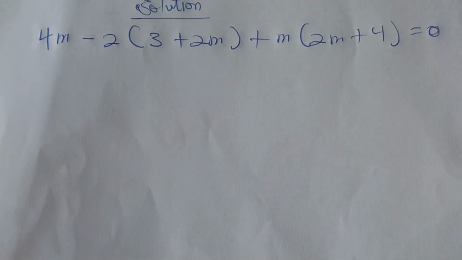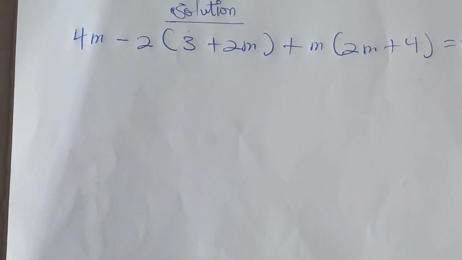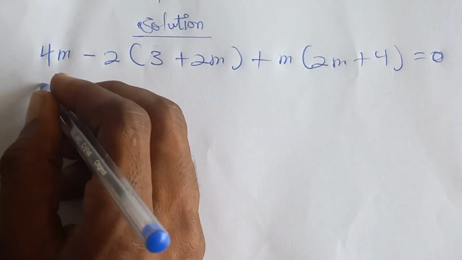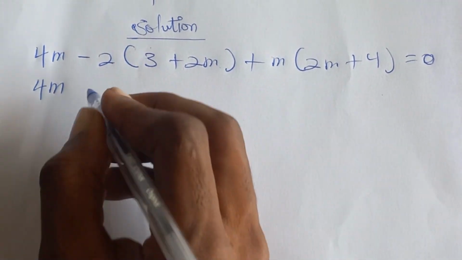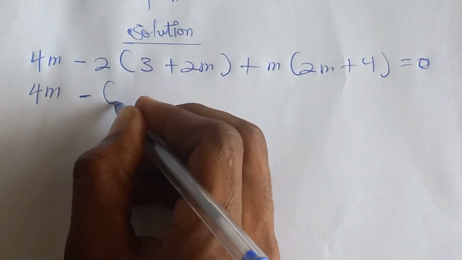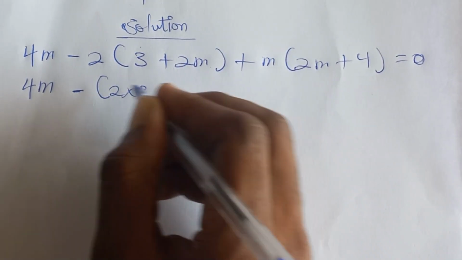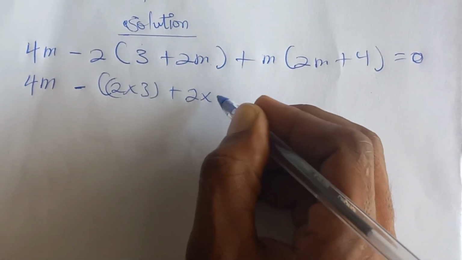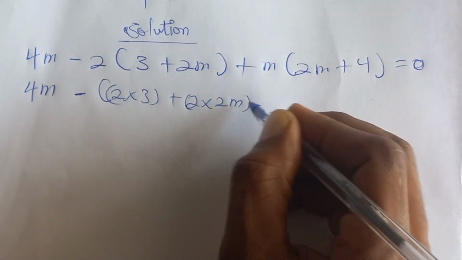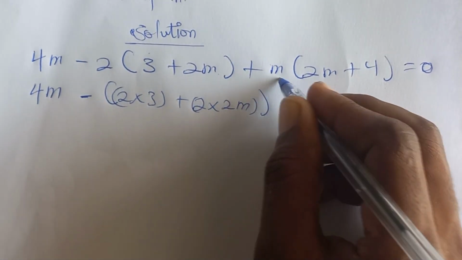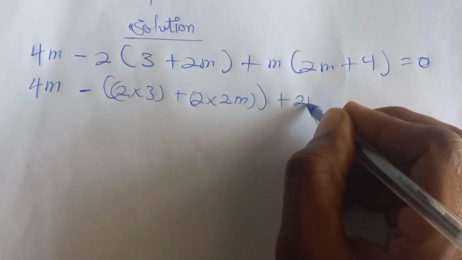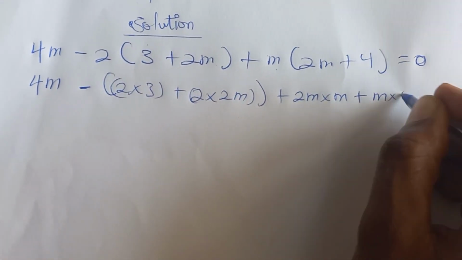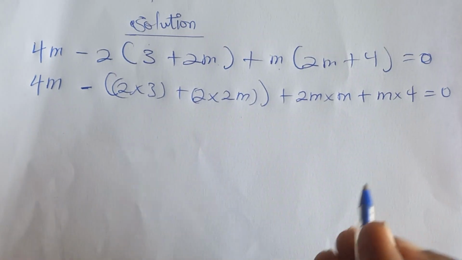Okay, so what you need to do first is to simplify and open the brackets. So we have 4m minus into bracket 2 times 3 plus 2 multiplied by 2m bracket close plus this one will be 2m times m plus m times 4 is equal to 0.